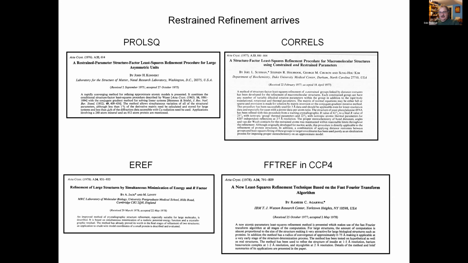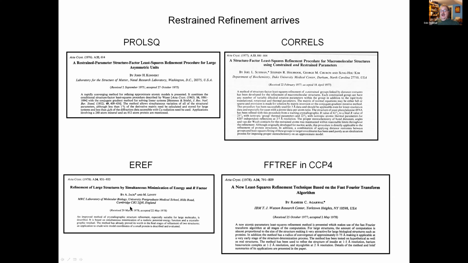You can do that as a constrained group, and in other areas you can restrain the torsion angles. In other areas you can relax the bond length and bond angle constraints. It had incredible amounts of flexibility that we really don't see in our programs today anymore.